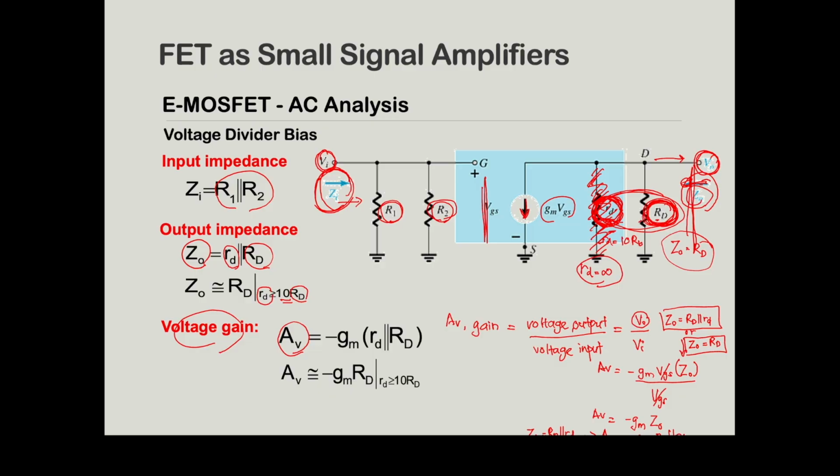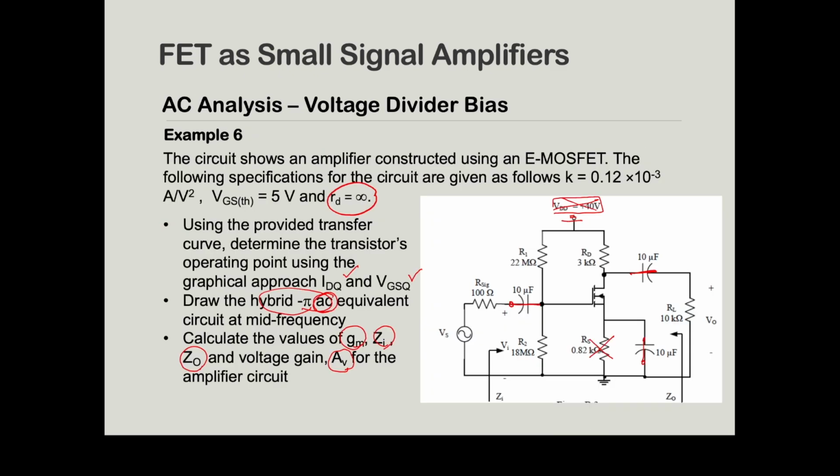But if your Z out equals RD, in the case of rd equals infinity, then your AV equals negative GM RD only. So it's easy and straightforward, because we have discussed this in your BJT AC analysis.